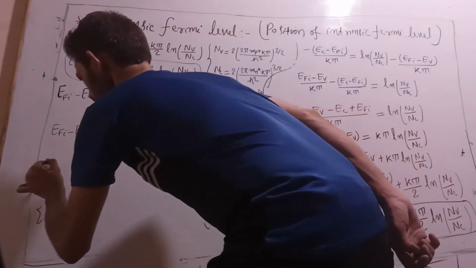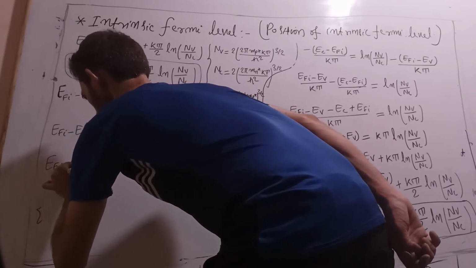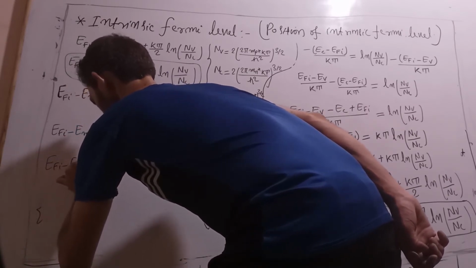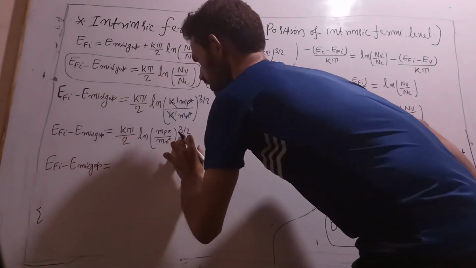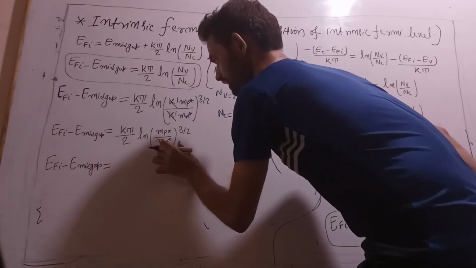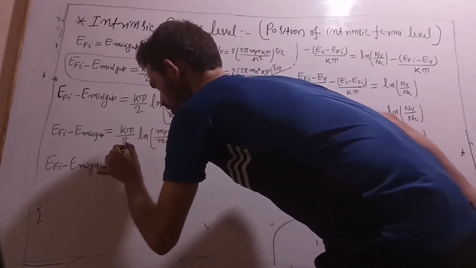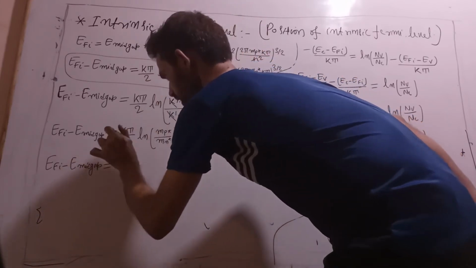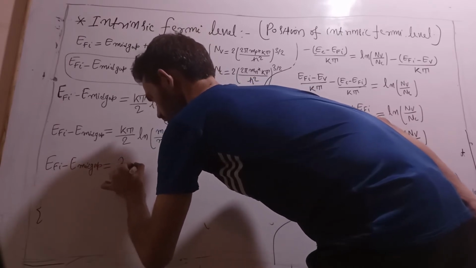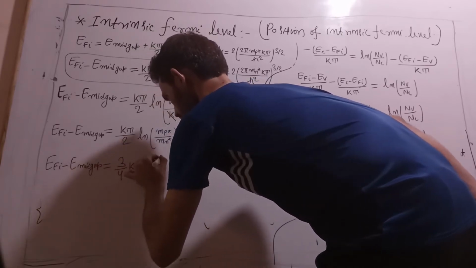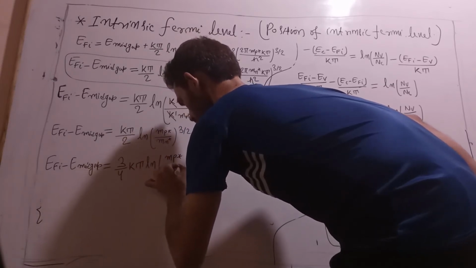Now see here, EFi minus E mid gap. Let us take this power to this side, since ln x to the power n is n ln x. So we will get 3 by 4 kT ln mp star divided by mn star.